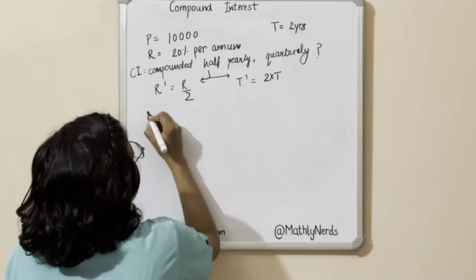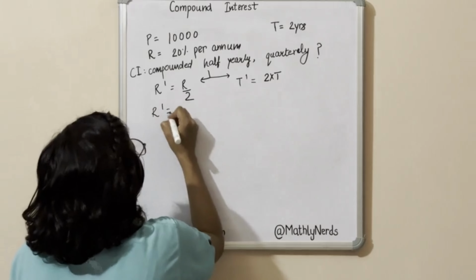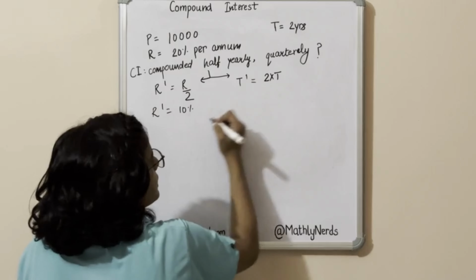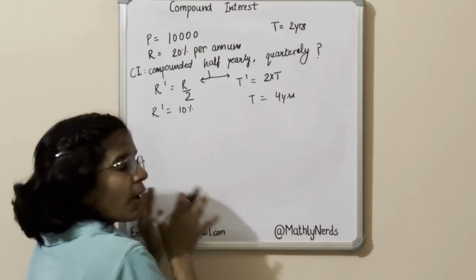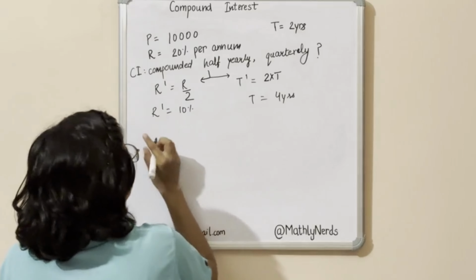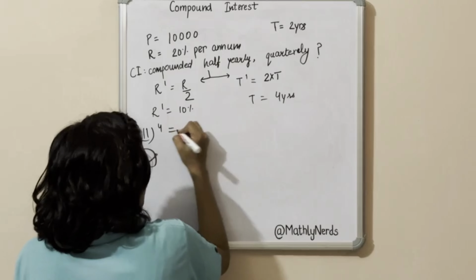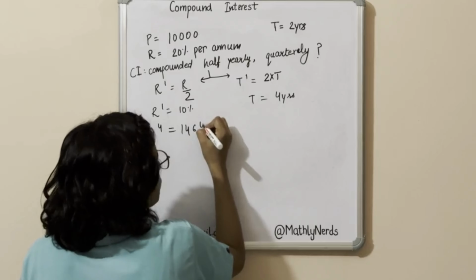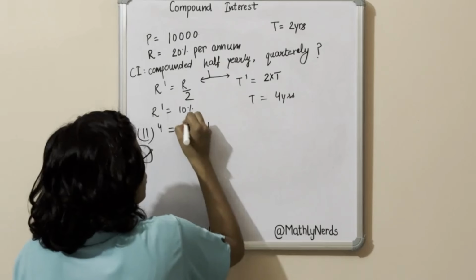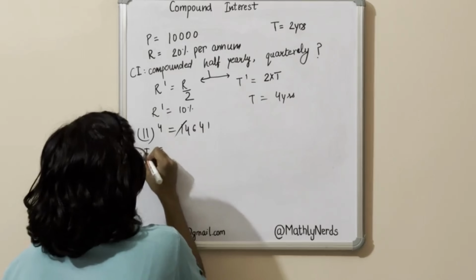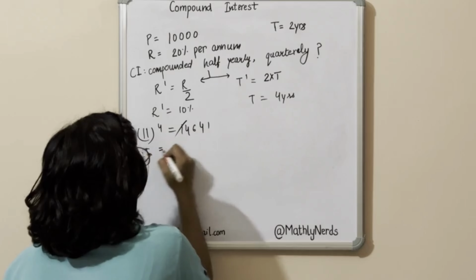So our new rate of interest is equal to 10%, and our new time is equal to 4 years, and we will again use the formula of compounding annually. We will use 11 to the power 4, that is 1, 4, 6, 4, 1, and we will not use the last 1. So our CI will be 4 times simple interest for the first year.